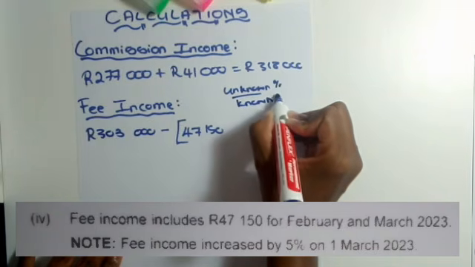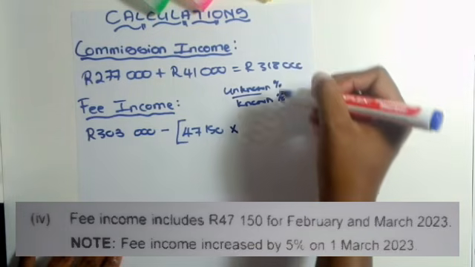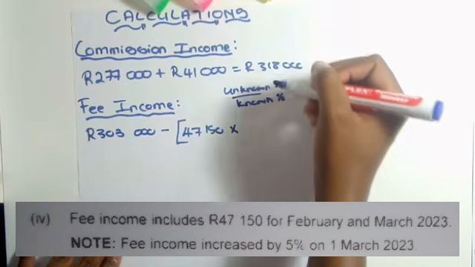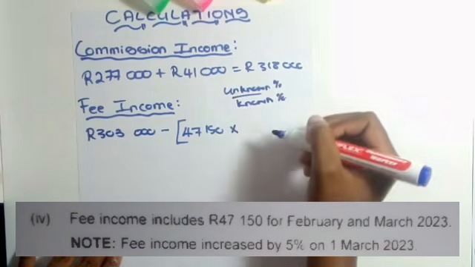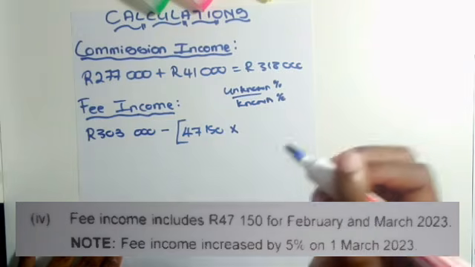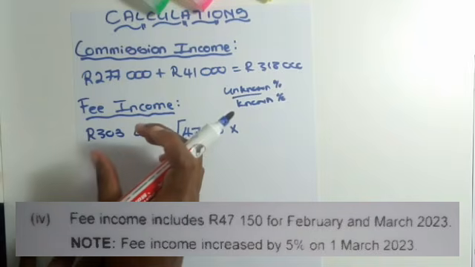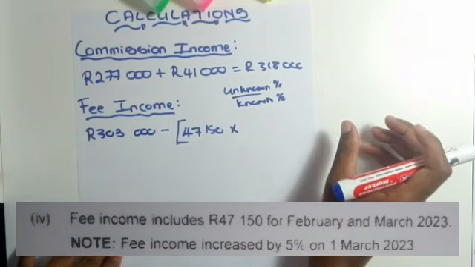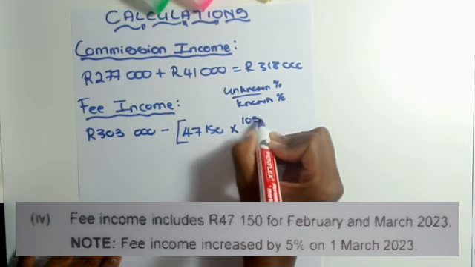Remember, these are percentages. So the unknown over known is what I'm looking for over what I have. What I'm looking for is the amount for March. We have already established that if February was 100%, then it means March was 105%.